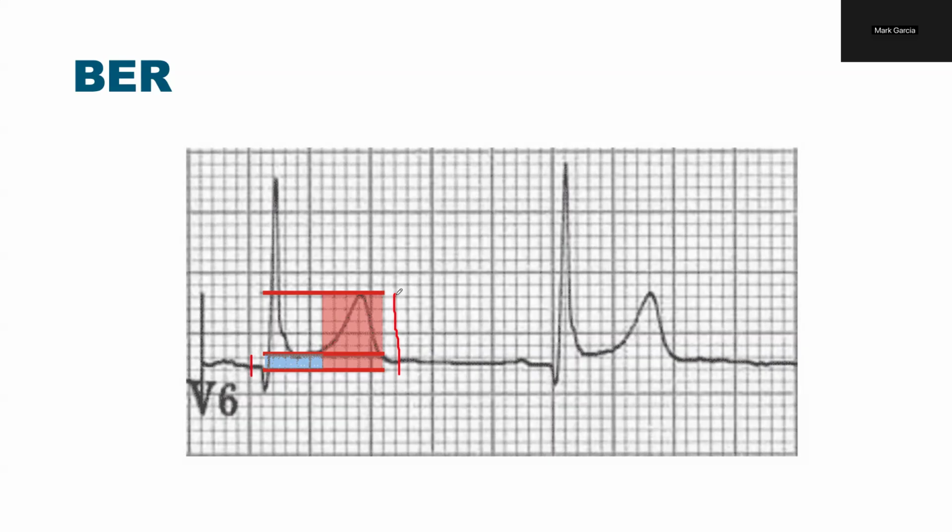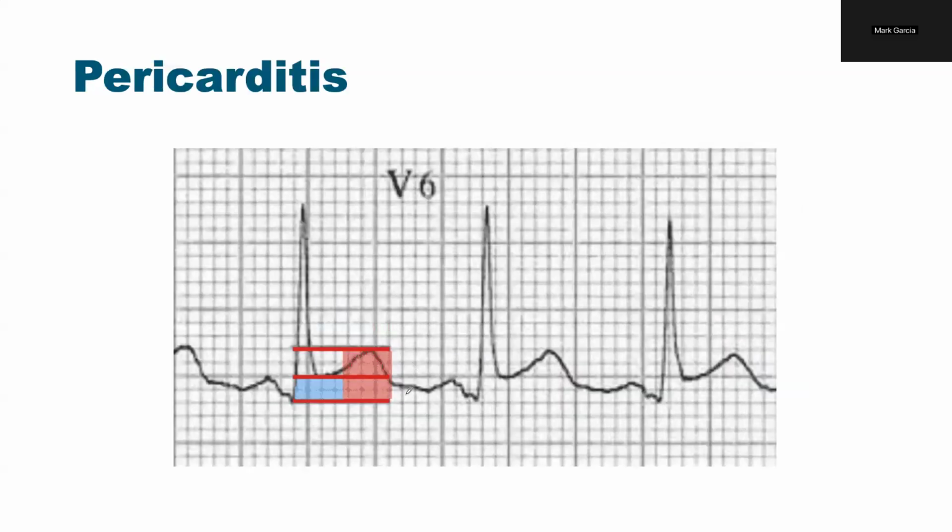Versus the next slide, we have a situation where we have ST elevation of 2 millimeters and a T wave of about 4 millimeters, and that's a ratio of ST to T of 0.5. And so that ratio is more than 0.25, so this becomes more likely to be pericarditis.